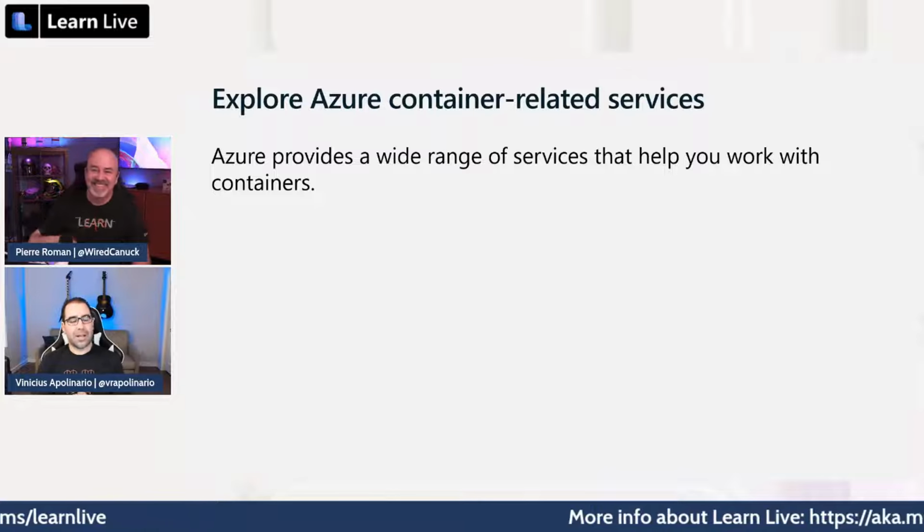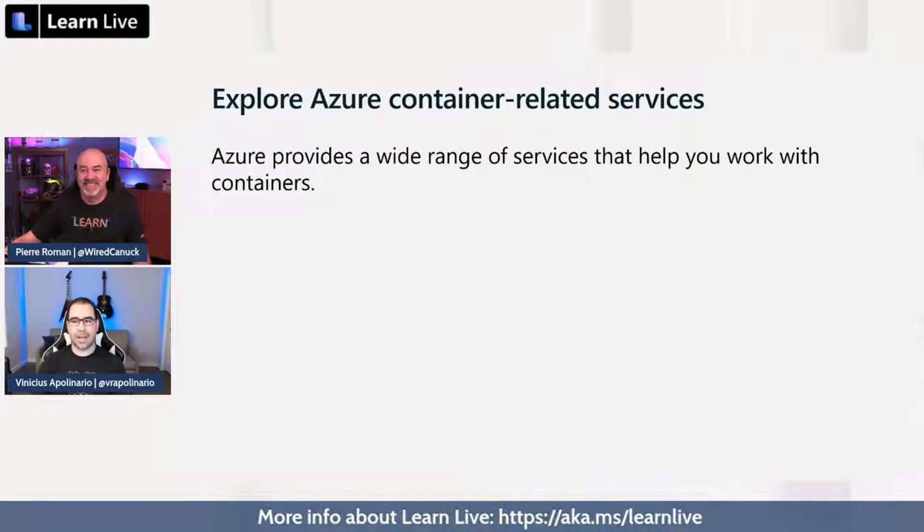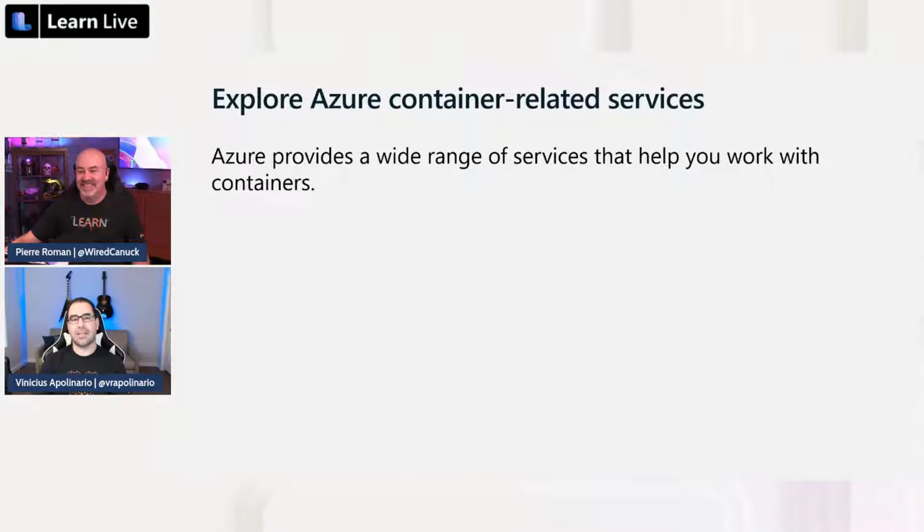So the first one that we wanted to talk about is Azure Container Instance, or ACI. ACI is a service on Azure where you just give it the container, and basically what happens is the service is going to run the container for you. This is great for applications that you need to scale up or down, or that you don't need access to the orchestrator.